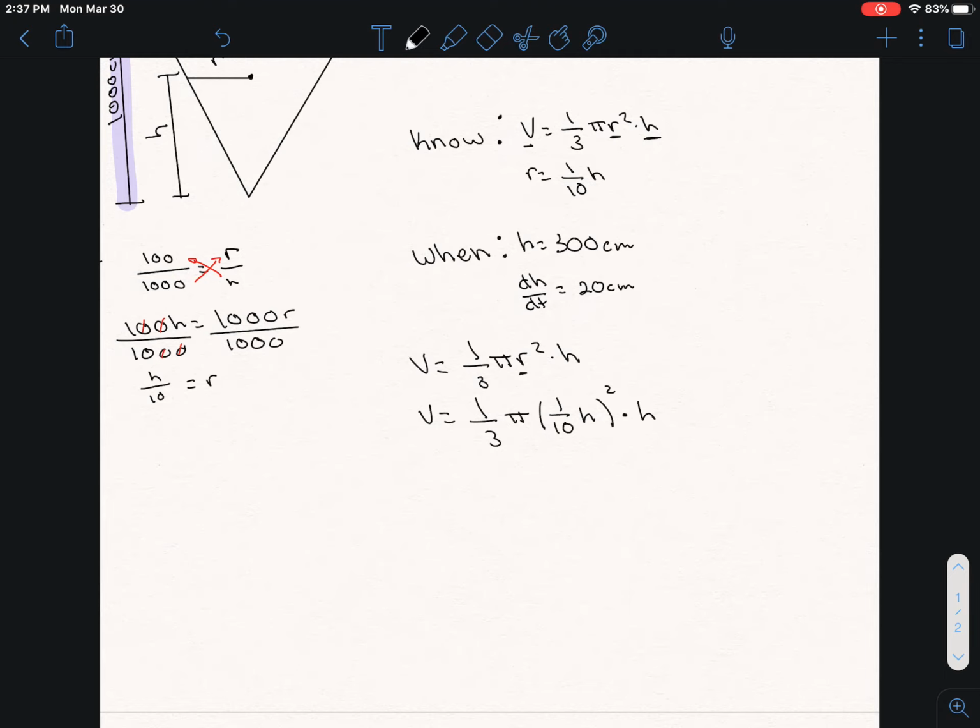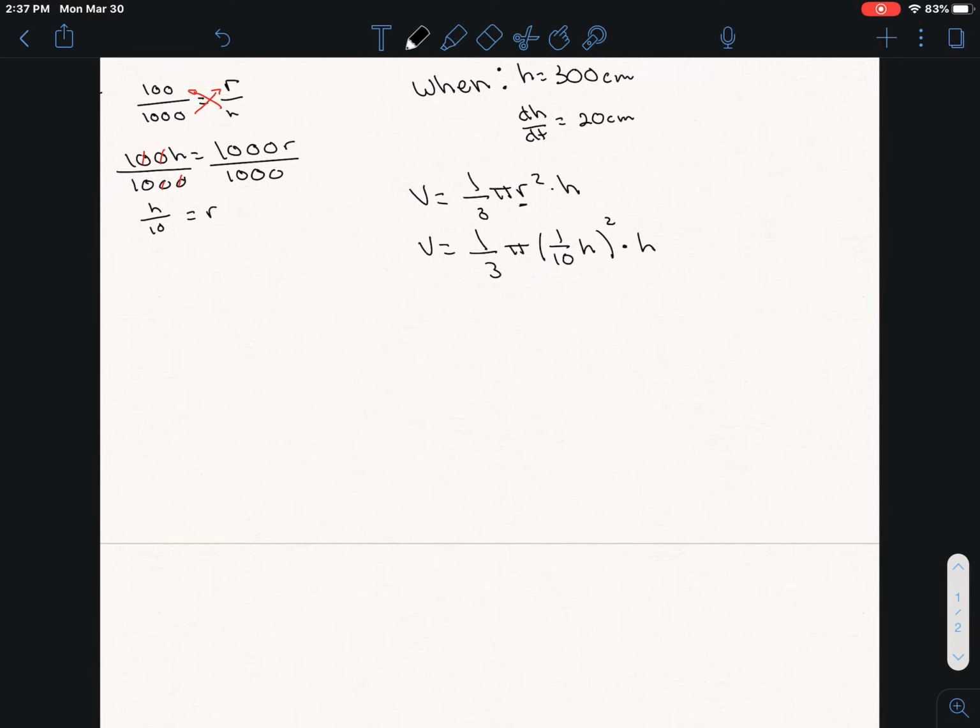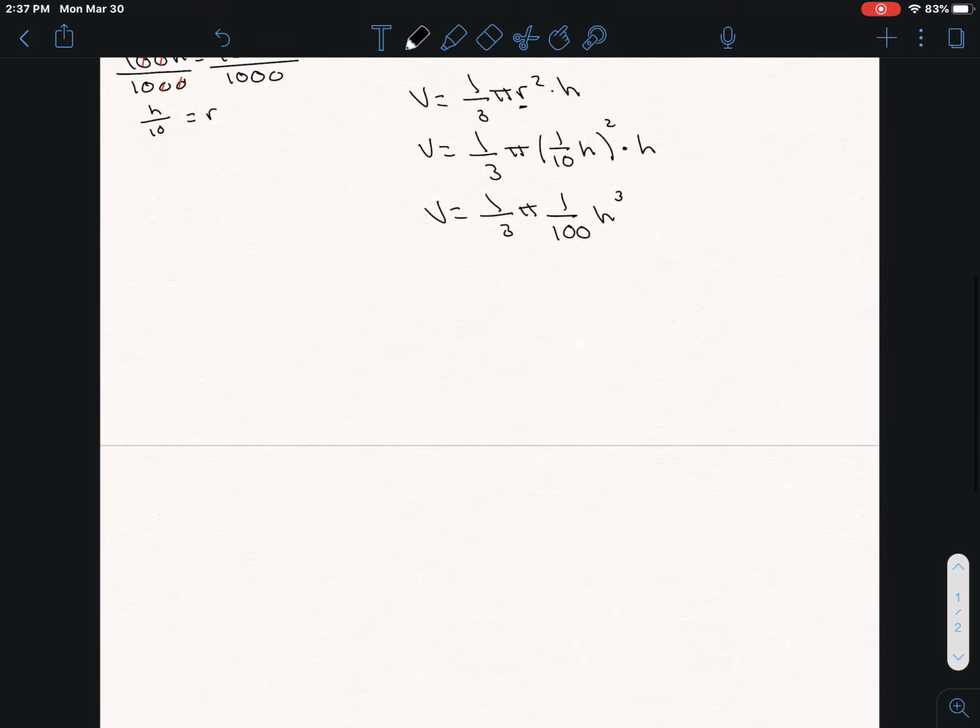Oh, that's squared. So now we're going to simplify. We get volume is equal to 1/3 pi times 1/100 h cubed, because this is going to distribute in, and then we're going to combine this h. All right, and now we can simplify even further.